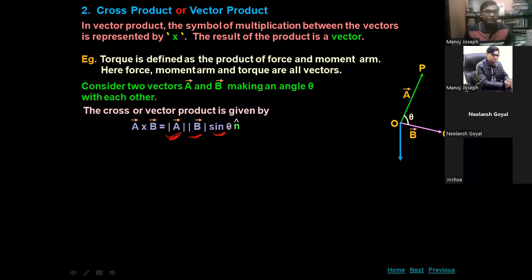In the scalar product it was the cosine of the angle, but in the cross product it is the sine of the angle. And this n cap represents the unit vector along the third vector, which is the product of A and B.